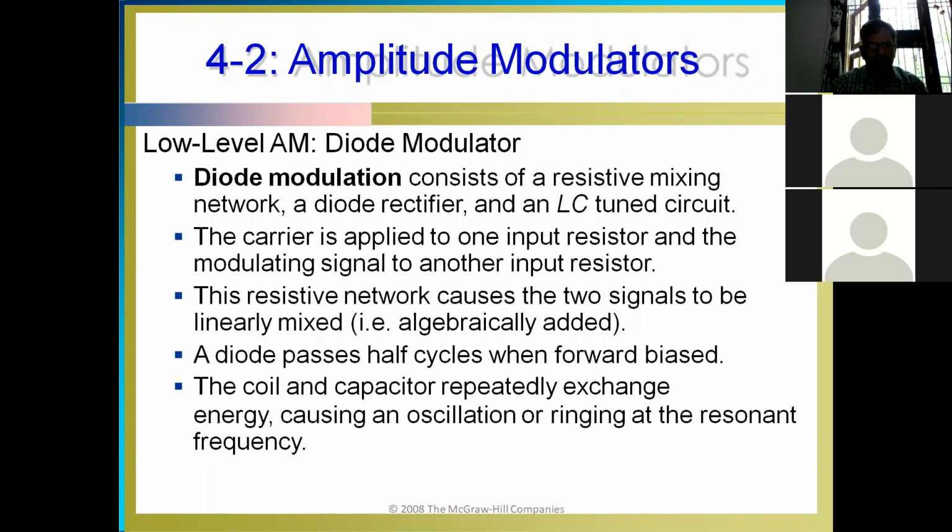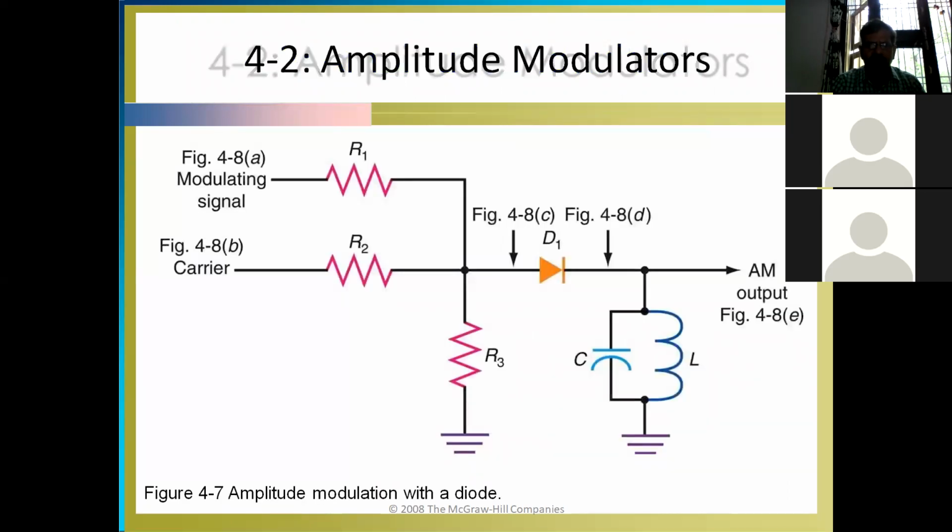The diode, the coil and the capacitor repeatedly exchange energy, causing an oscillation or ringing at the resonant frequency. So in this circuit, the tank circuit or LC tuned circuit oscillates at the resonant frequency. And what is the frequency? F equals 1 upon 2 pi square root of LC. That is the resonant frequency.